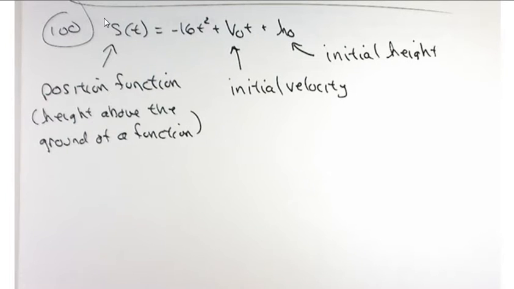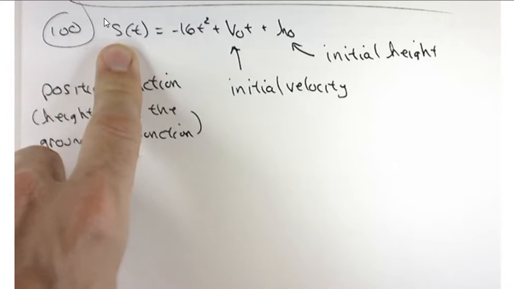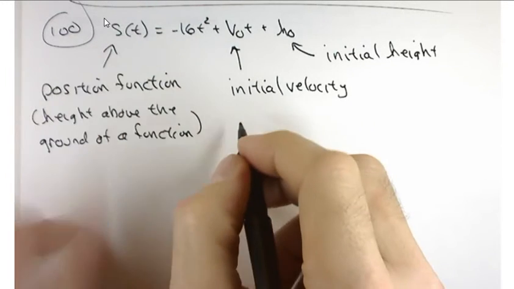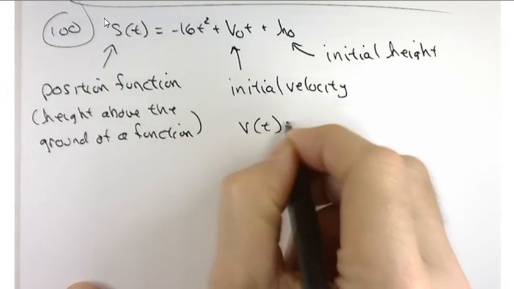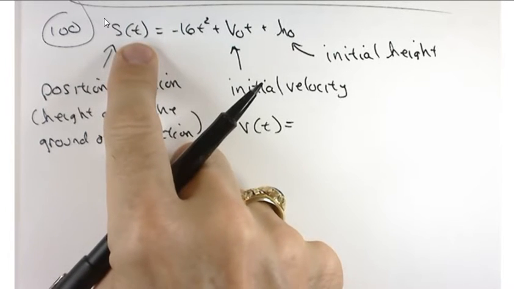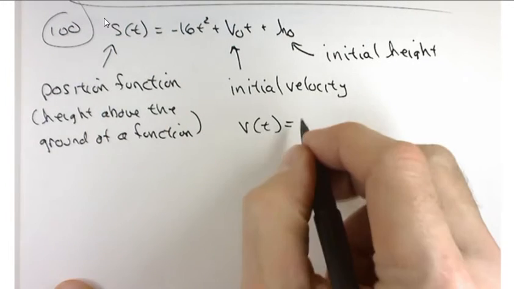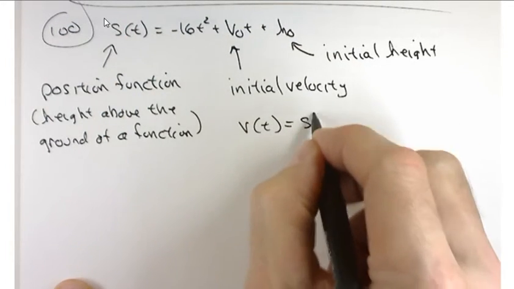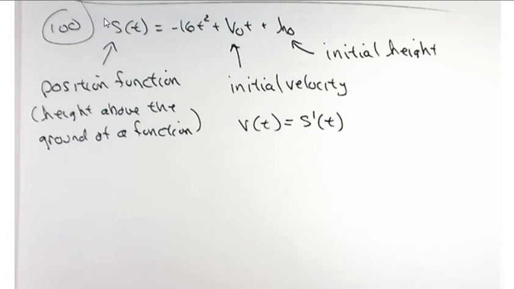Now, a couple things about this function. If you change your position, you're moving. And if you change your position, then you have a velocity. So what function do we know that represents the way another function changes? The rate of change of a function is measured by the derivative. So v of t is the velocity function.